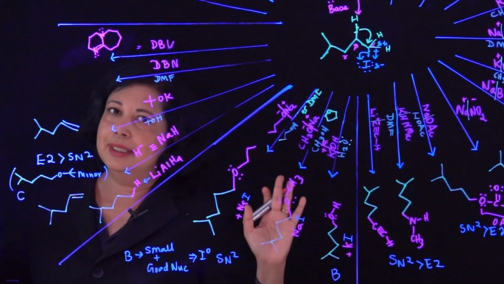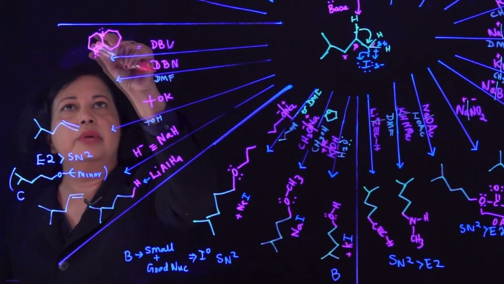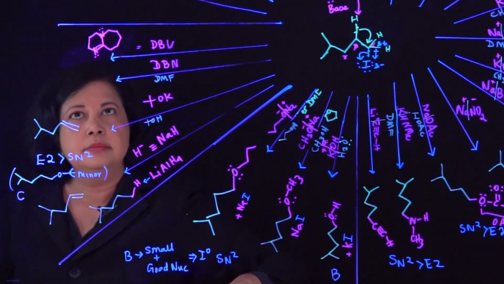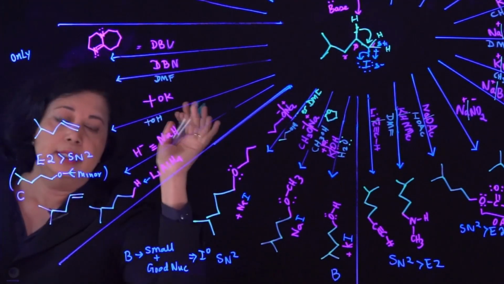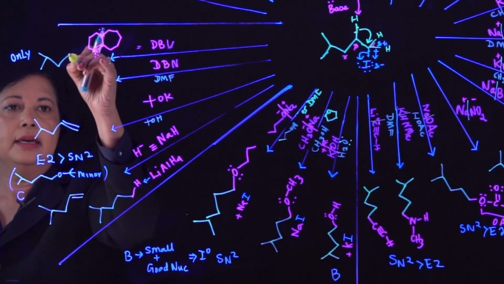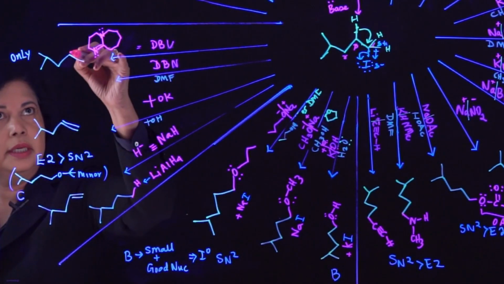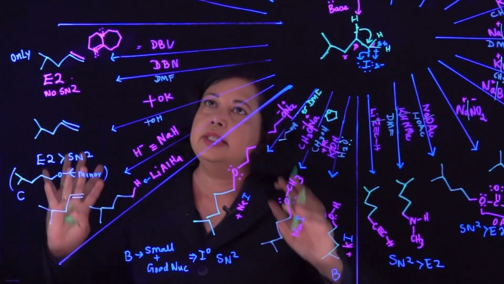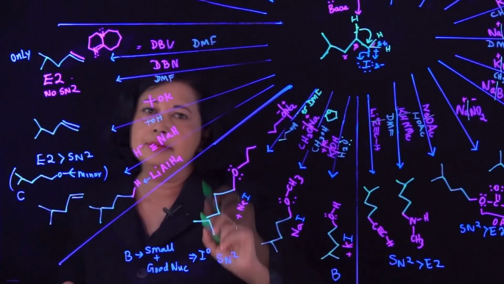It's not a possibility. So when you have DBU and DBN, DBN just has smaller rings, you can only do E2. There's no minor SN2 product, like even in the t-butoxide case. So you would have a double bond right here. E2, no SN2. And these typically come in very polar solvents, let's say DMF.